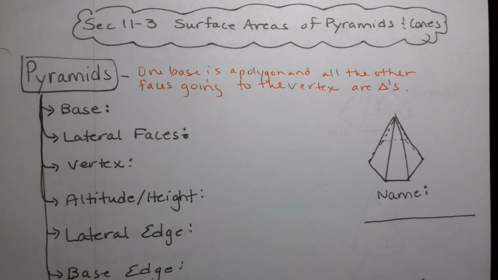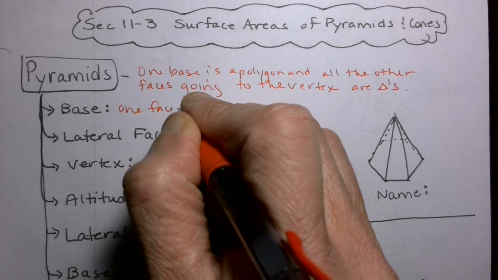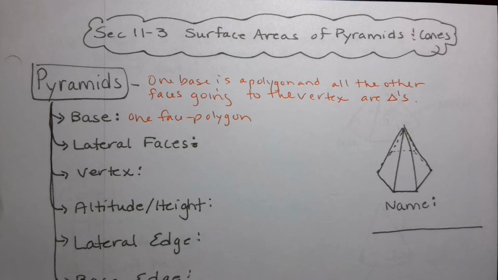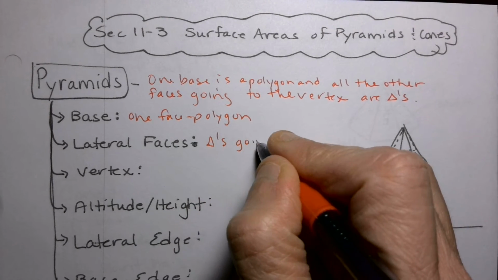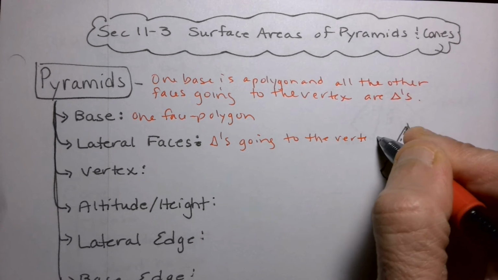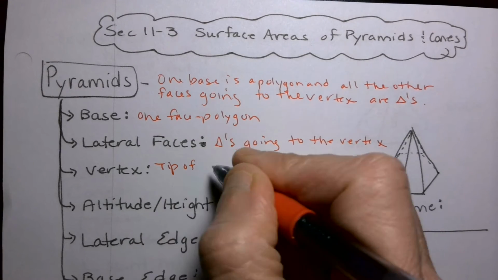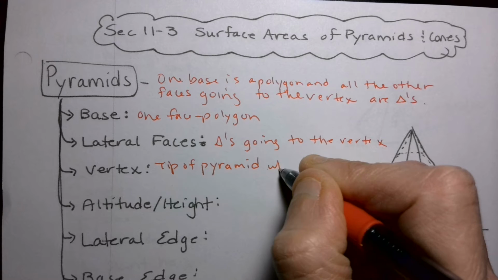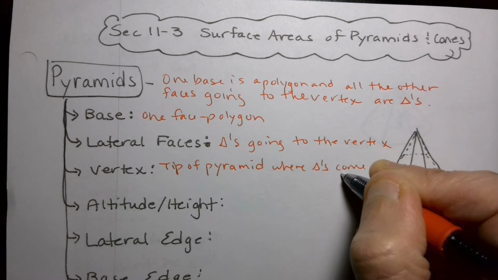Okay, so the base is just the one face, the polygon. All the other lateral faces are triangles going to the vertex. The vertex is the tip of the pyramid, where the triangles all come together.